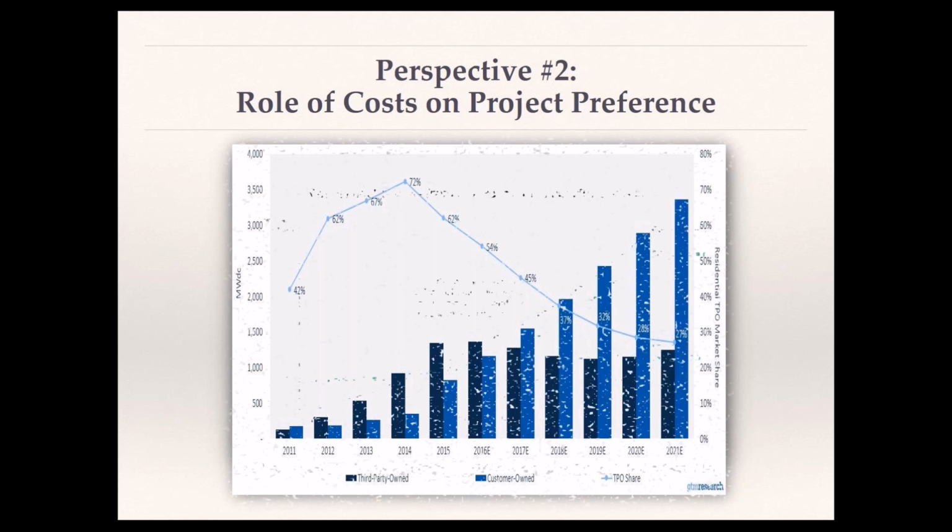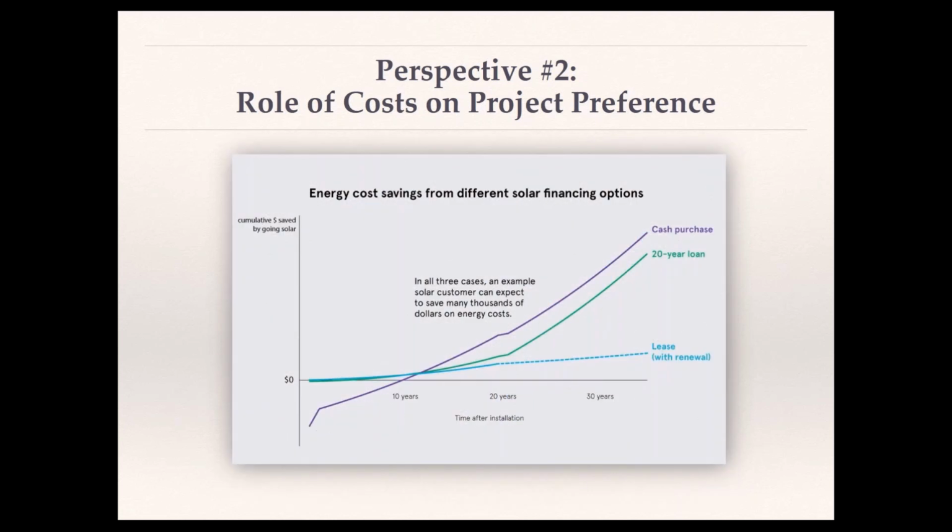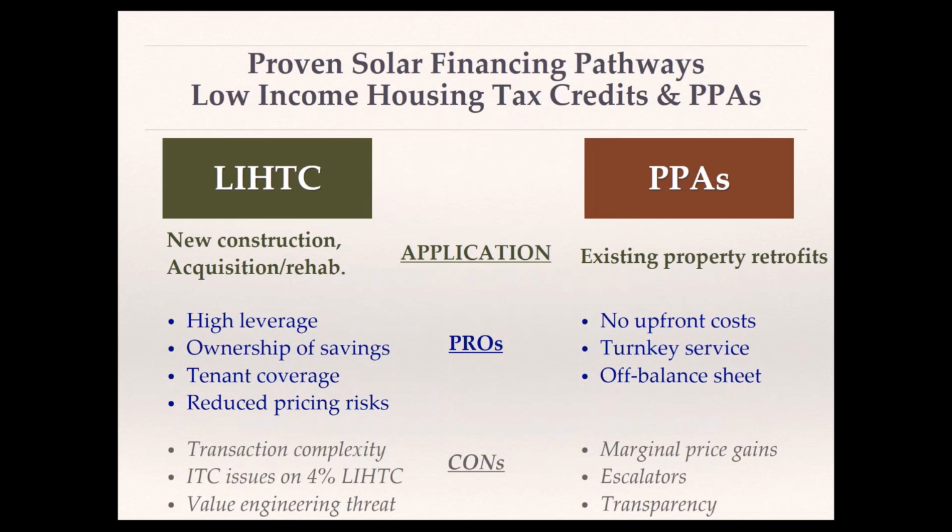Furthermore, that movement is also aided by the valuation. Cash purchases or ownership of these systems, or financing generally, lead to higher overall financing value of these systems, which is attractive to property owners, and important to long-term project stability.